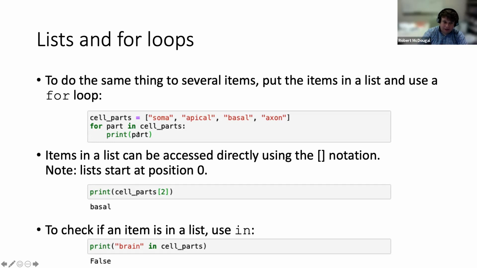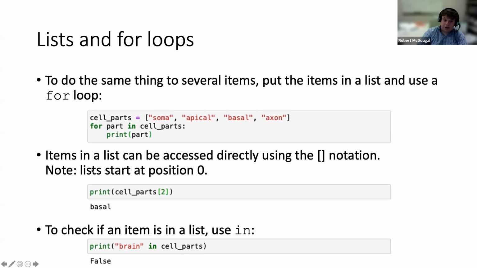Everything that's indented underneath this colon is going to happen exactly once for each item in my cell parts. The first time, the variable part is going to be equal to soma. The next time it's going to be equal to apical. The next time, basal. The next time, axon. And then it's going to stop and go on to anything else that I've written in my script.